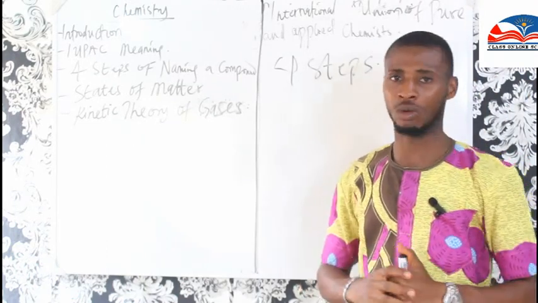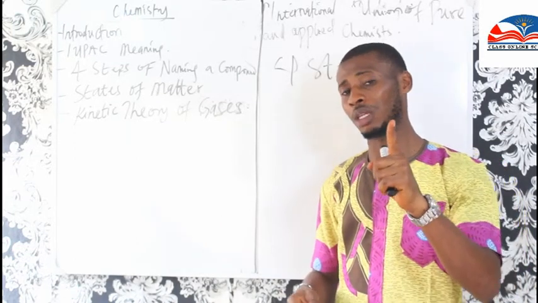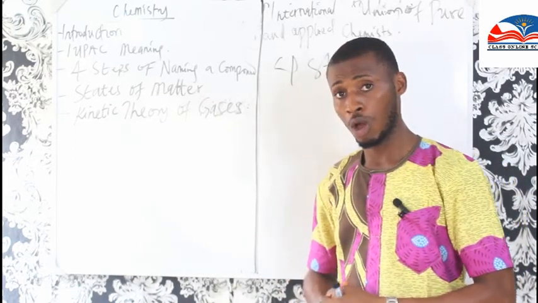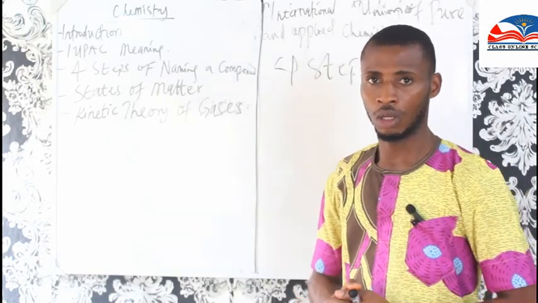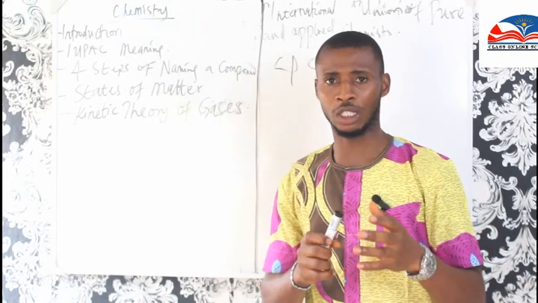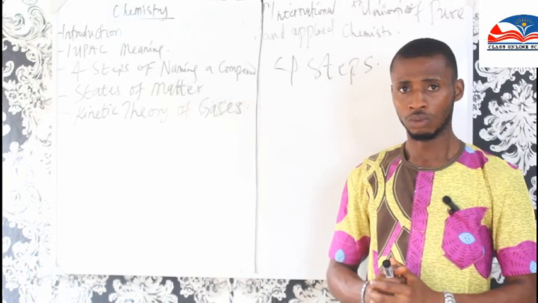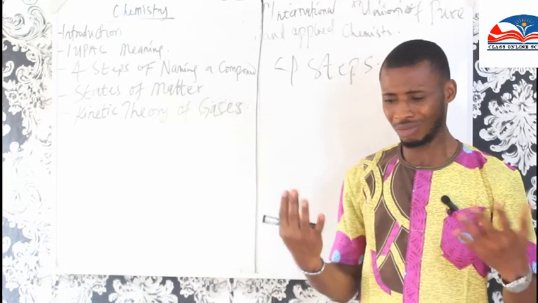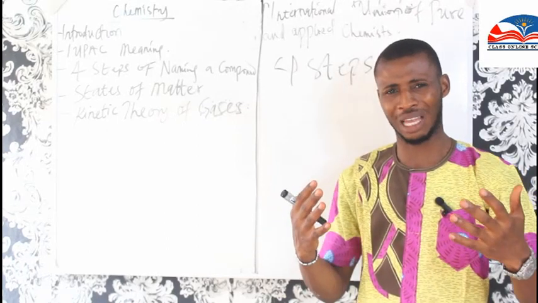Before you name a compound, you need to check whether the compound you are naming is a molecule or an ion. I mean, whether it is a molecular compound or an ionic compound. As I'm talking, you may be confused. What do you understand by ionic and molecular?